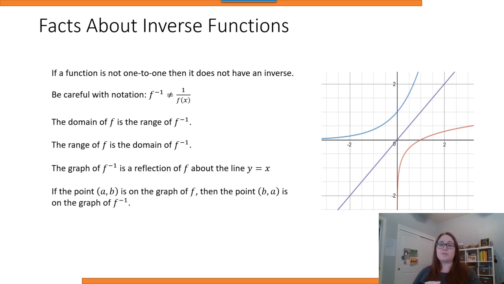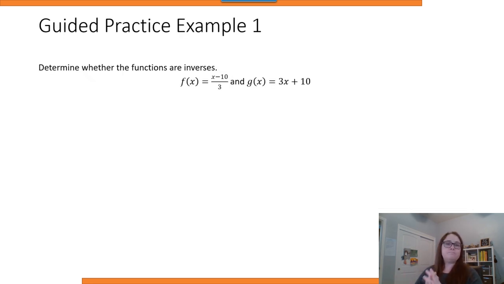And another way of looking at inverses is if you take any point (a, b) from the function f, then the point (b, a) will be on the graph of the inverse function and vice versa. So this just gives you some ideas of the relationships between a function and its inverse.